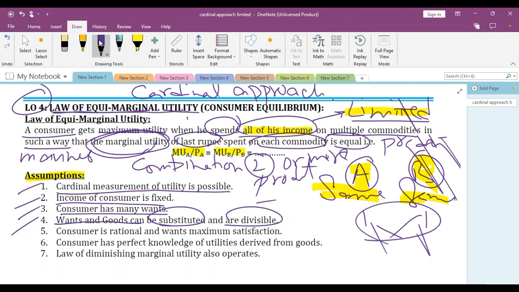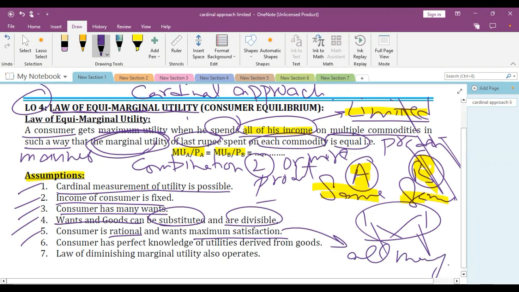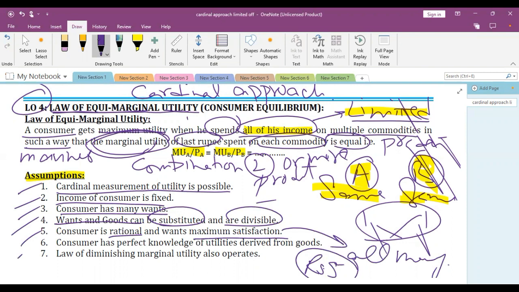Consumer is rational, means he wants to maximize his satisfaction through utilization of all his money. Means if he has 5 rupees or $5, he will try to expend all these 5 rupees or $5 on different products in order to maximize his satisfaction level.